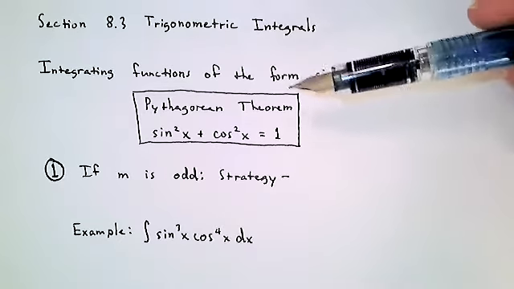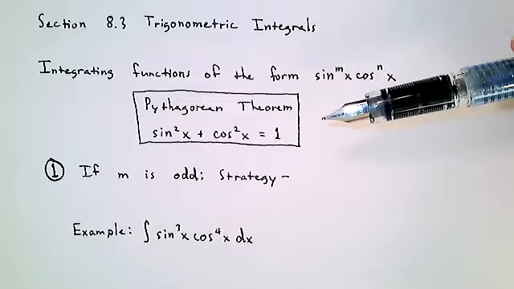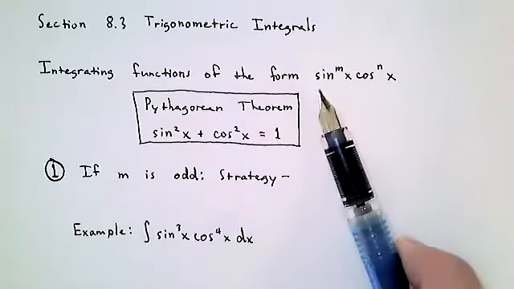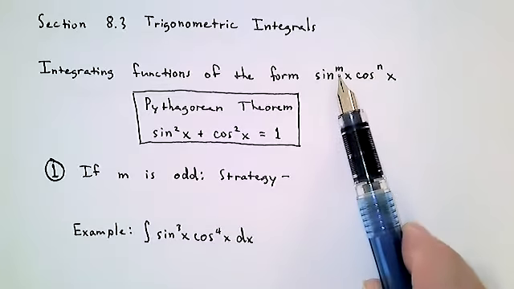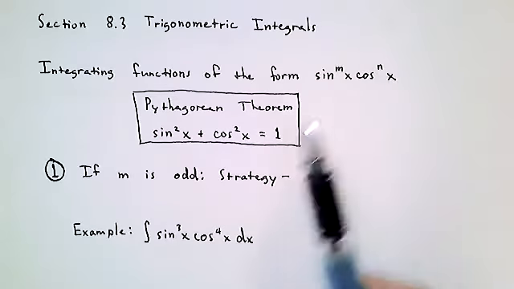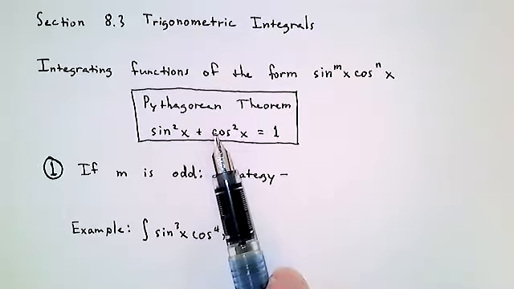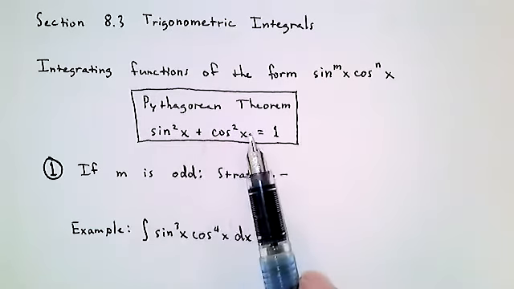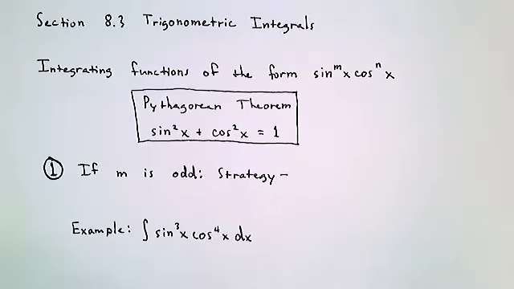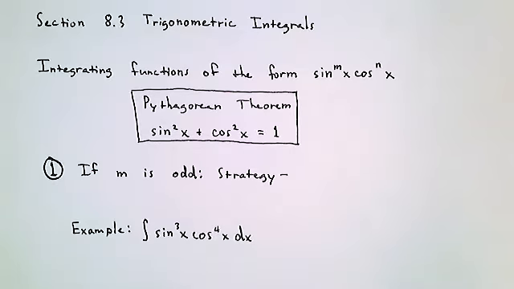Okay. But the main formula that we're going to use is this one here. When we're integrating functions of the form sine to the m power of x times cosine to the n power of x, the main formula that we're going to need is just the Pythagorean theorem, which hopefully everyone is super familiar with. It's the one that says sine squared of x plus cosine squared of x is equal to 1.